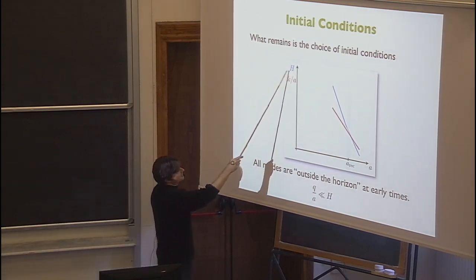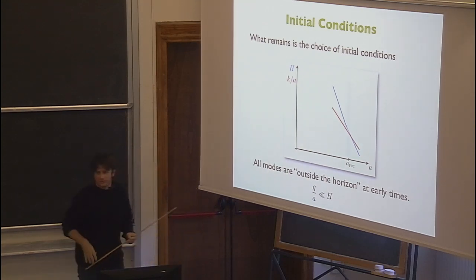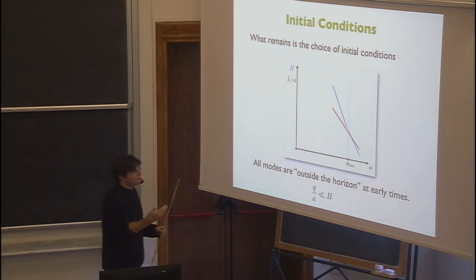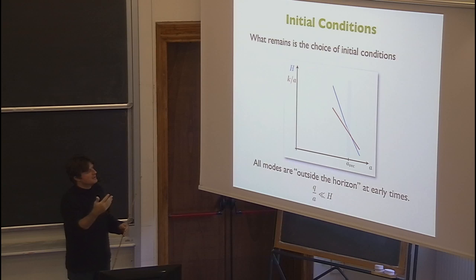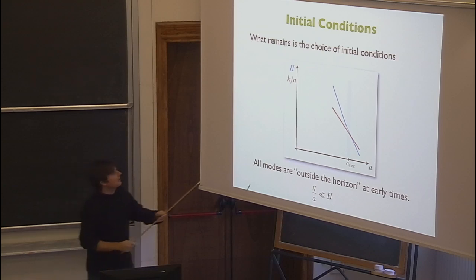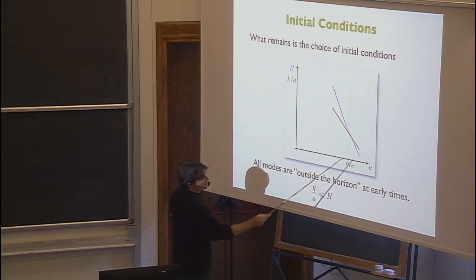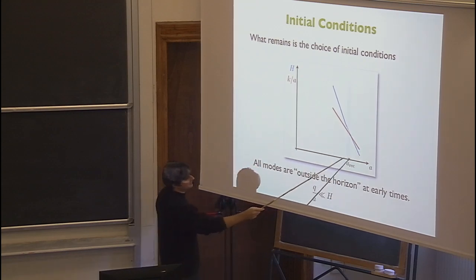Hubble, we know, scales like 1 over t, but we also know that during radiation domination a scales like t to the 1/2, so t scales like a squared, which means that Hubble scales like 1 over a squared, and in the matter-dominated case like 1 over a to the 3/2.